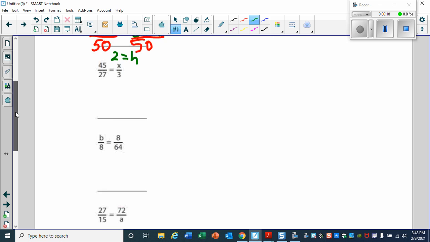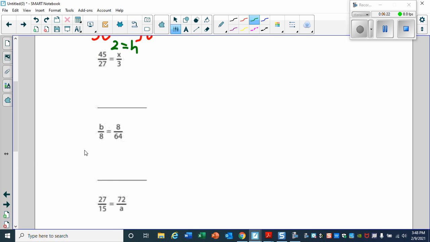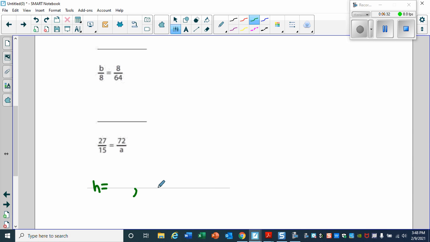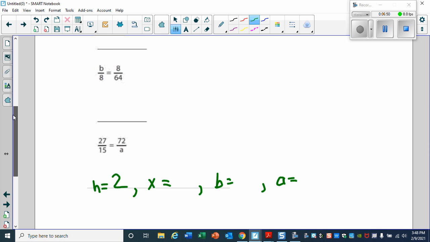And then once you get to your answer, it'd be h equals something, and x equals something, B equals something, A equals something. In this case, h is 2. That's your first answer. And then list down your other 3 answers.